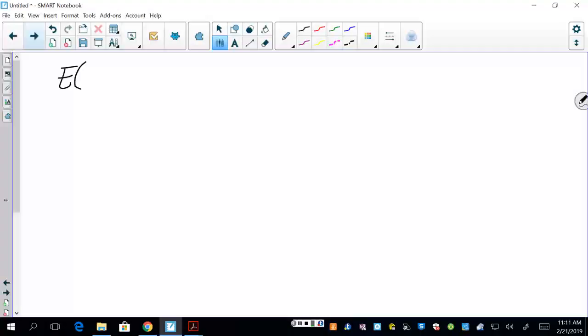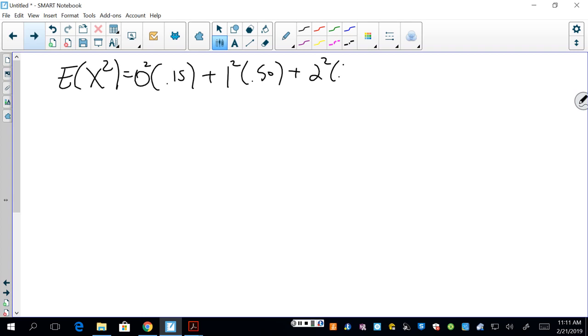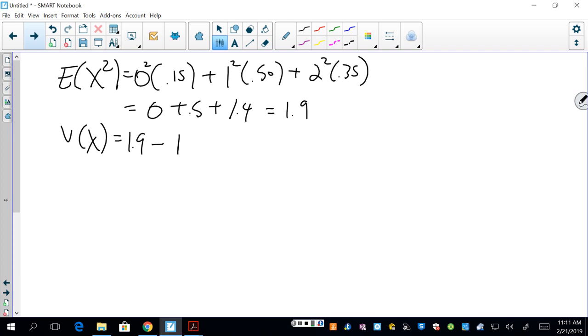So the expectation of x squared is 0 squared times 0.15, plus 1 squared times 0.5, plus 2 squared times 0.35, so 0 plus 0.5 plus 1.4, which is 1.9. That's the expected x squared, so the variance of x is that number minus the average number of plants squared.